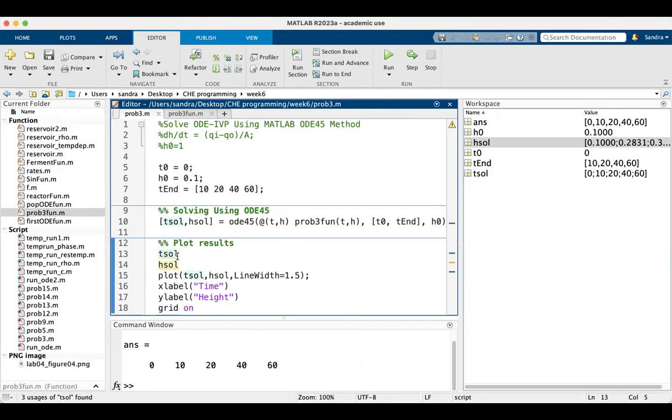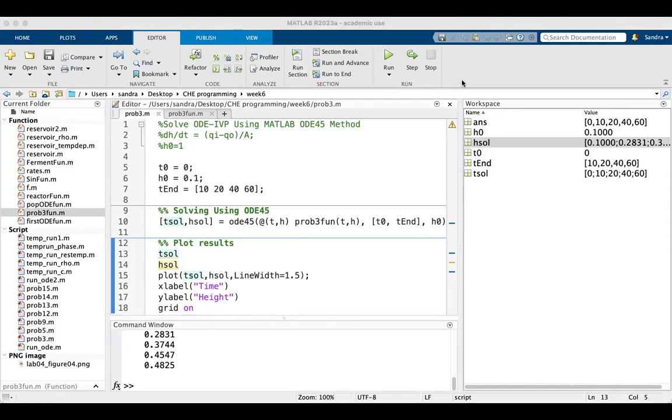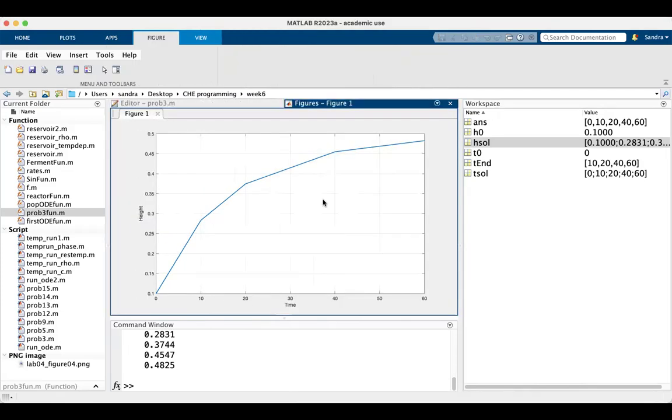Now let me plot this t-sol and y-sol together and run the section. This is the figure you'll be getting. For time, this is how the height varies. You can see it's a straight line from here to here, here to here. It's not a smooth curve. Why? Because in your T-span you have given specific values.